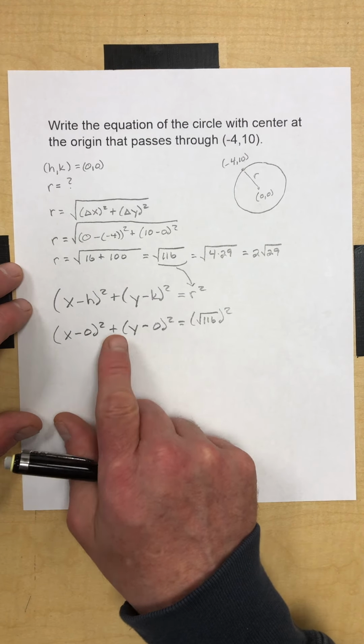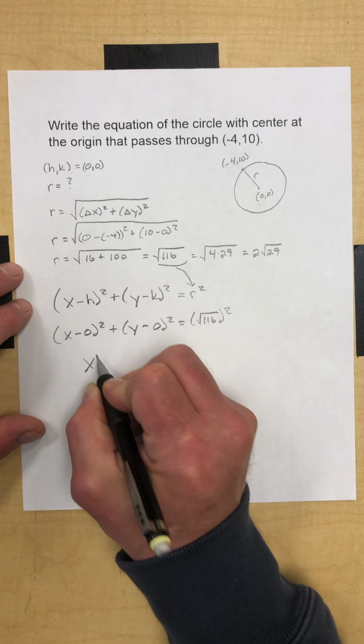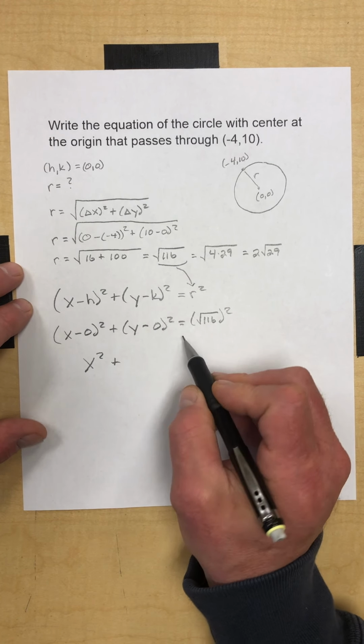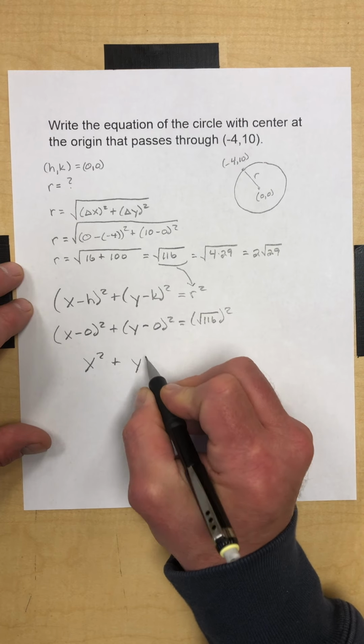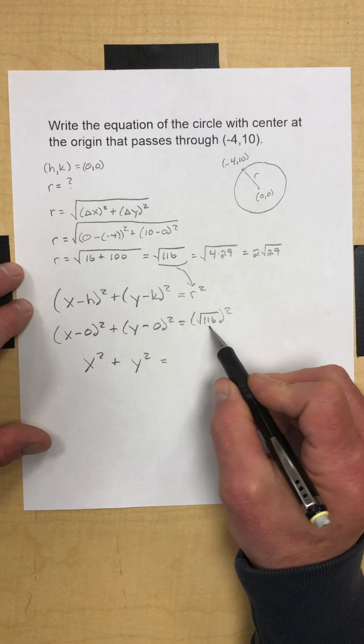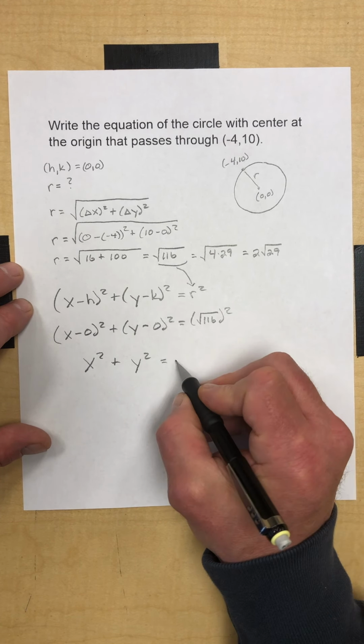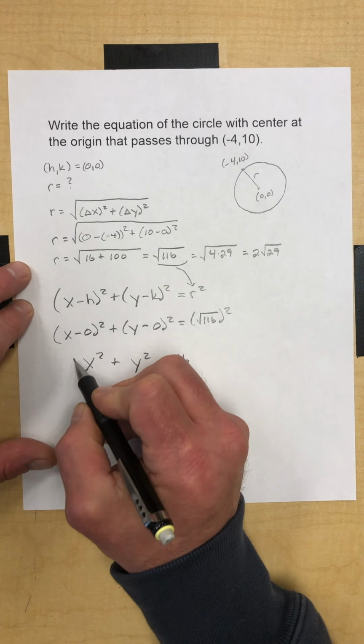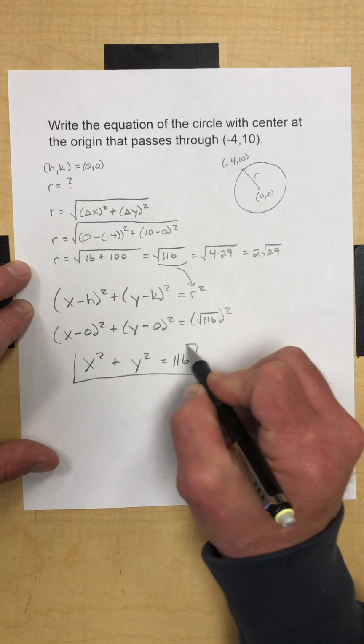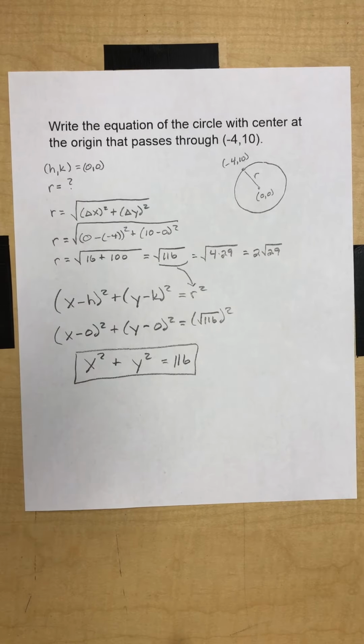X minus 0 squared we would just write as x squared. Y minus 0 squared we would just write as y squared. And when we square the square root, we get the radicand, so that's just 116. And you have your equation in standard or general form there.